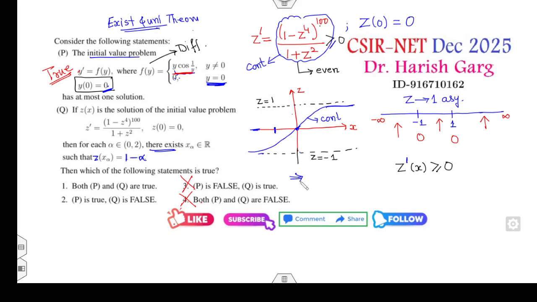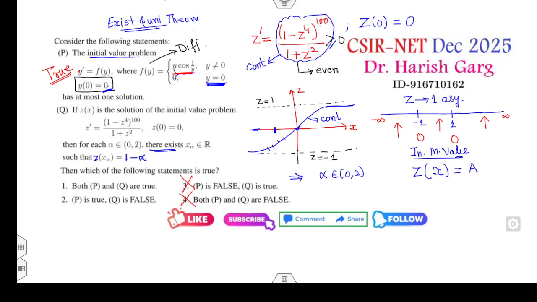That means now you can see if alpha lies between 0 and 2, what does it mean? So by using the intermediate value theorem, we can find the value of x, so that it must be equal to some number. It may be any value. So let's say it will be a. Fine.